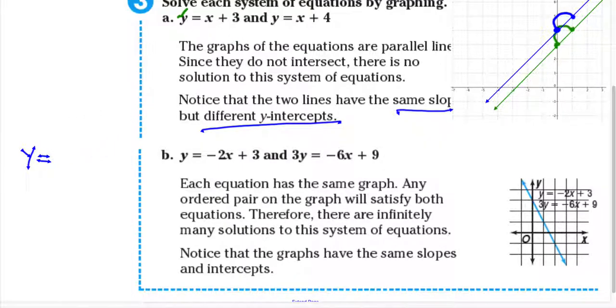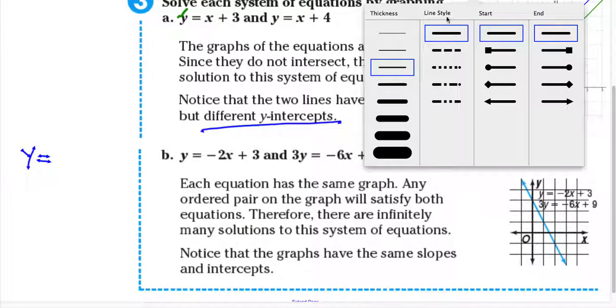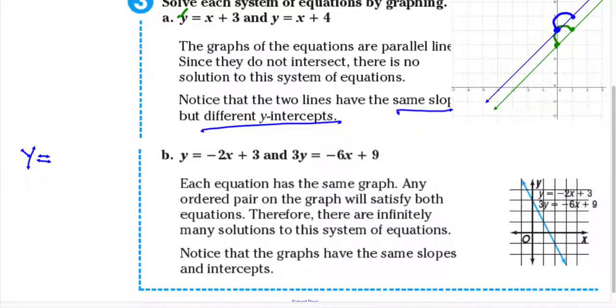Let me use the pen this time. If you notice, y equals negative 2x plus 3, and let's take 3y equals negative 6x plus 9. In solving an equation, whatever you do to one side, you need to do to the other side.